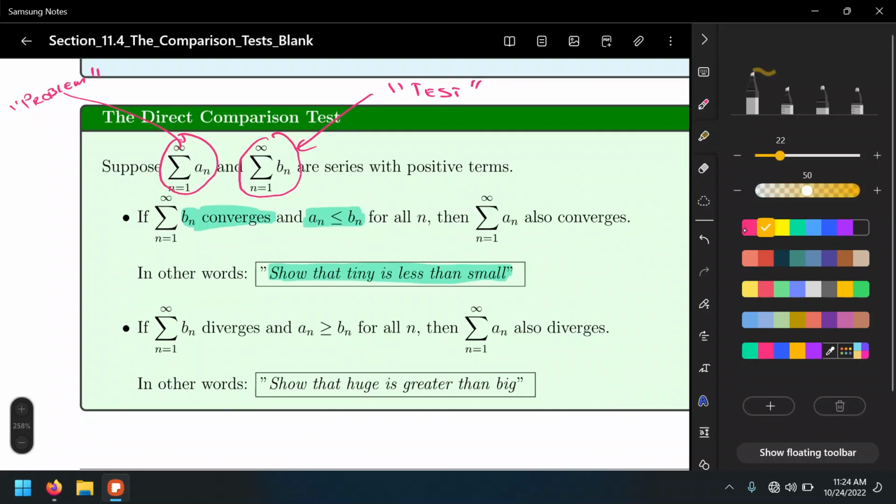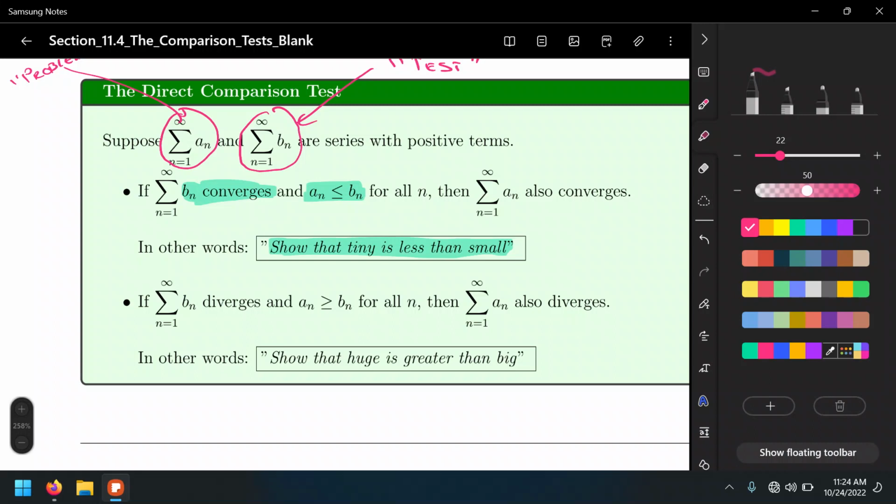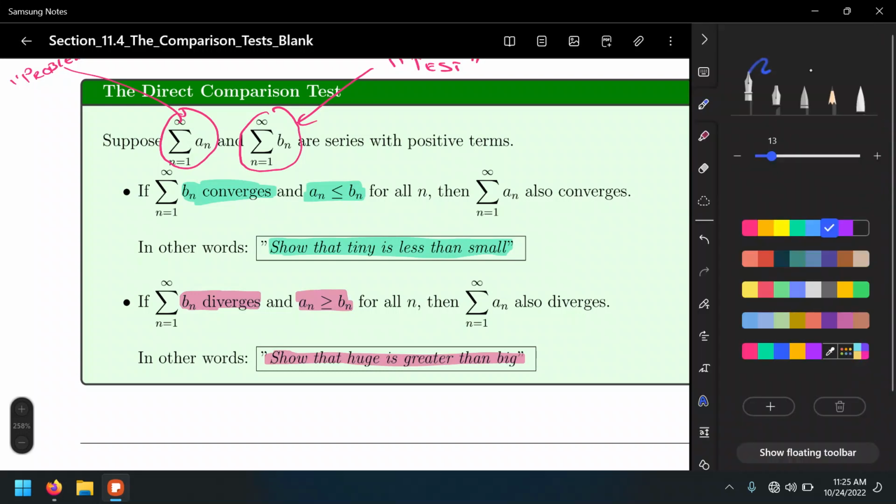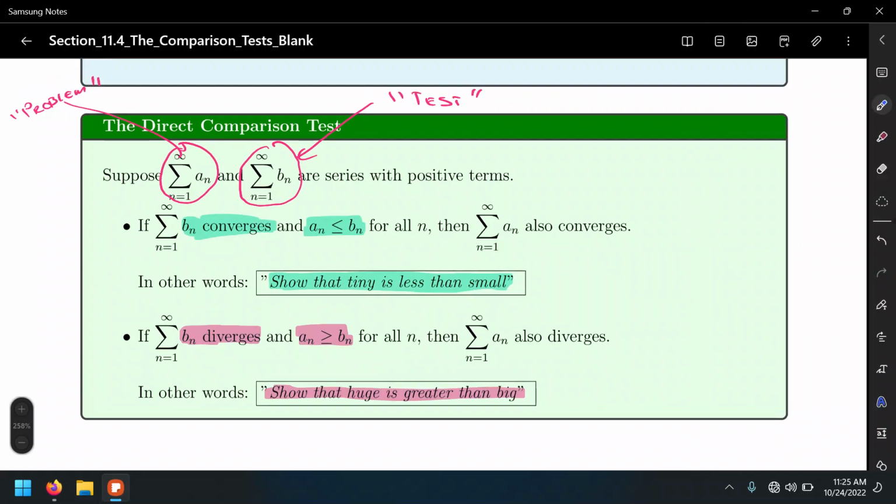And likewise, if the other way around, we come up with a series that diverges instead, we would need to show the inequality the other way around, and in this case we wouldn't be showing that tiny is less than small. Instead, we will be showing that huge is greater than big. So right now this is a lot of symbols, a lot of ideas, but how about we go over some examples and make more sense out of all this definition box. All right.